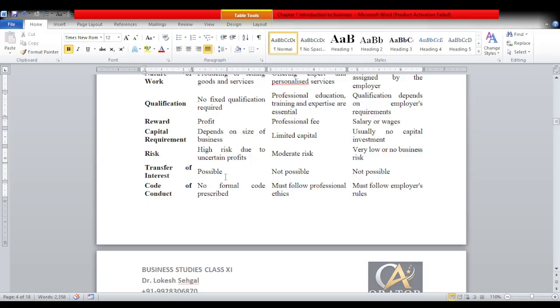Business definitely has the possibility of sharing interest. They can do the business in a partnership. They can be sole owner of the business. Sometimes they have joint ownership, joint workings. So in this way, they have a possibility of transfer of interest.